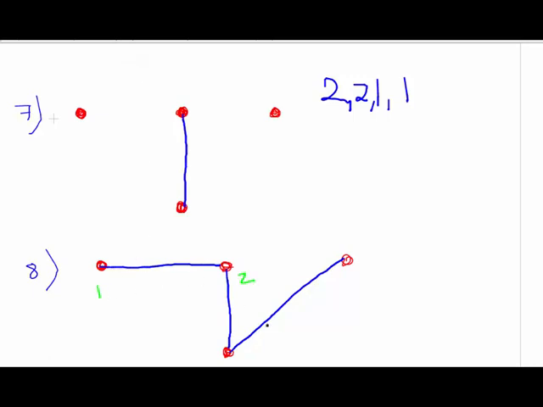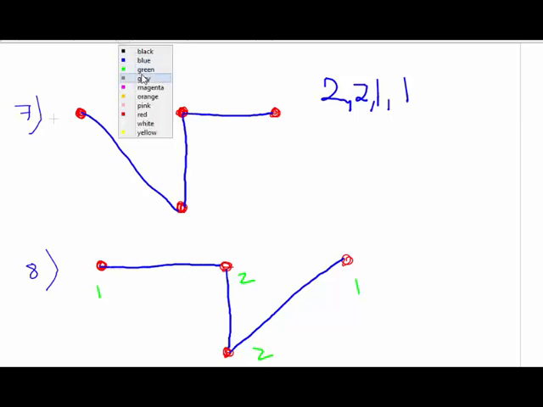That's 1, 2, 2, 1. And what about here? The last one, I don't know why I did it in that order, is just the mirror image of the one below. It's no real matter if we do it in reverse order. Okay, so that's them all. There can't be any more, and the reason is because we've used up all our nodes.